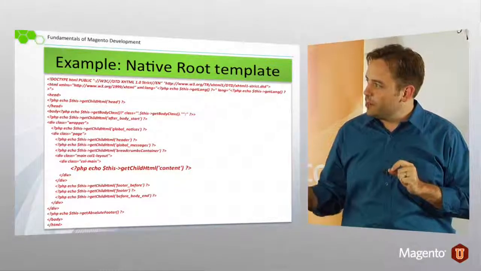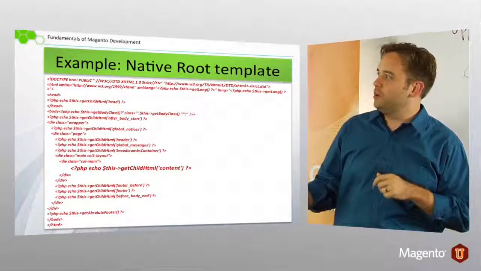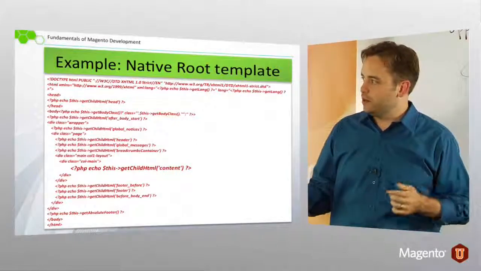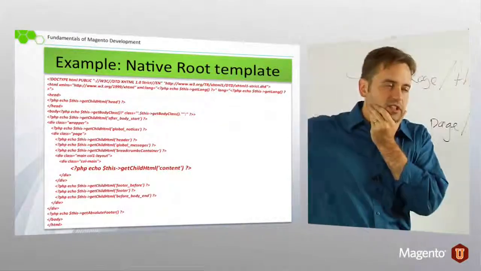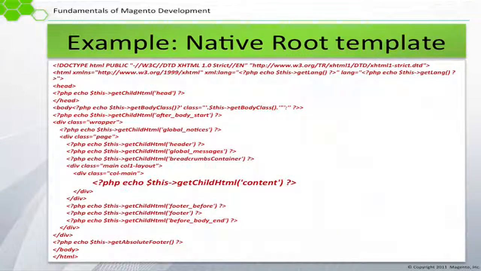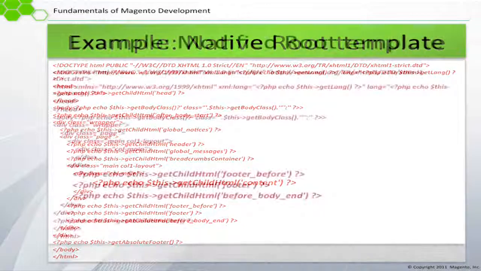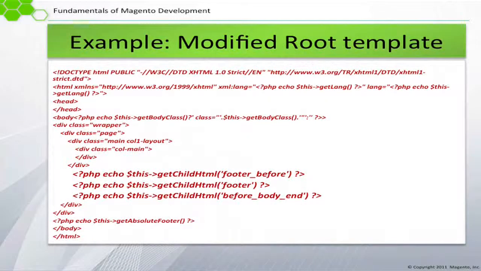And then down here we have some other ones. getChildHTML, global messages, header, content. Okay. So this is a PHTML file. This is what templates look like in Magento. This is another example of a template in Magento.